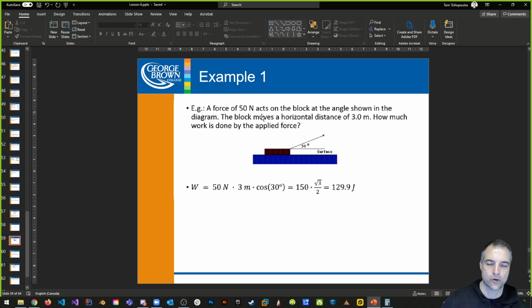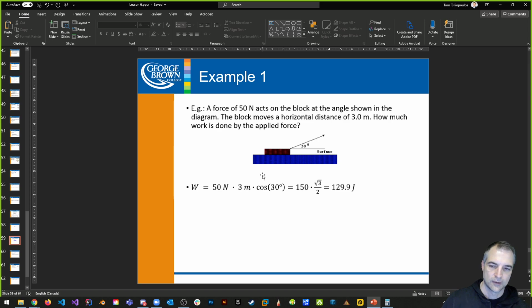Example: a force of 50 newtons acts on the block at the angle shown in the diagram. The block moves a horizontal distance of 3 meters. Horizontal distance, that's good. I've got 50 newtons, that's force. I've got meters, that's displacement. How much work is done? Work is equal to 50 newtons times 3 meters times cos of the angle, because we've been given the angle in the diagram of 30 degrees.